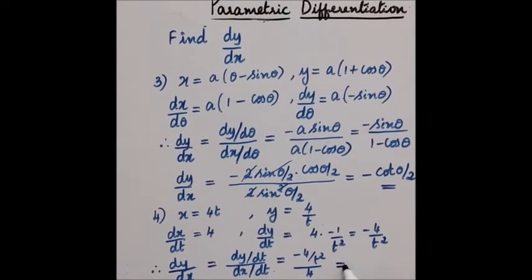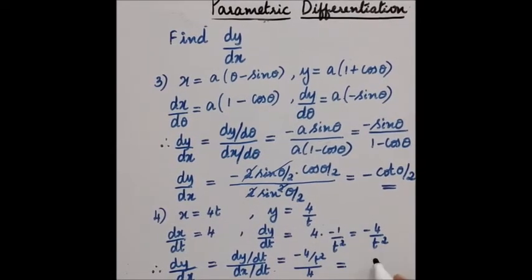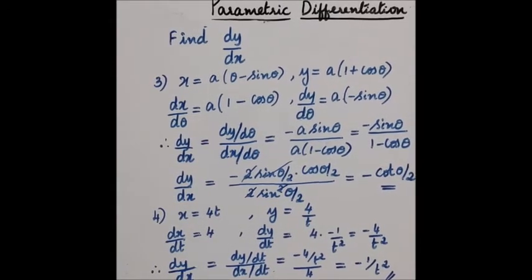So what happens here? 4 gets cancelled and remaining is minus 1 by t square. So this is dy by dx. So you have observed that when x and y are expressed in terms of the third variable, that is, parametric equations are given, dy by dx is a function of that third variable, the parameter used, or it is purely a constant.